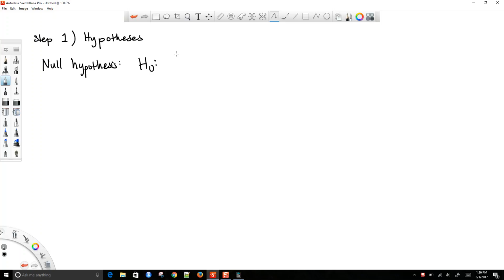The null hypothesis is always going to be P is equal to some number, P0. For example, the null hypothesis could be that P is equal to 0.5, or P is equal to 0.2. It's P is equal to some proportion, P0.